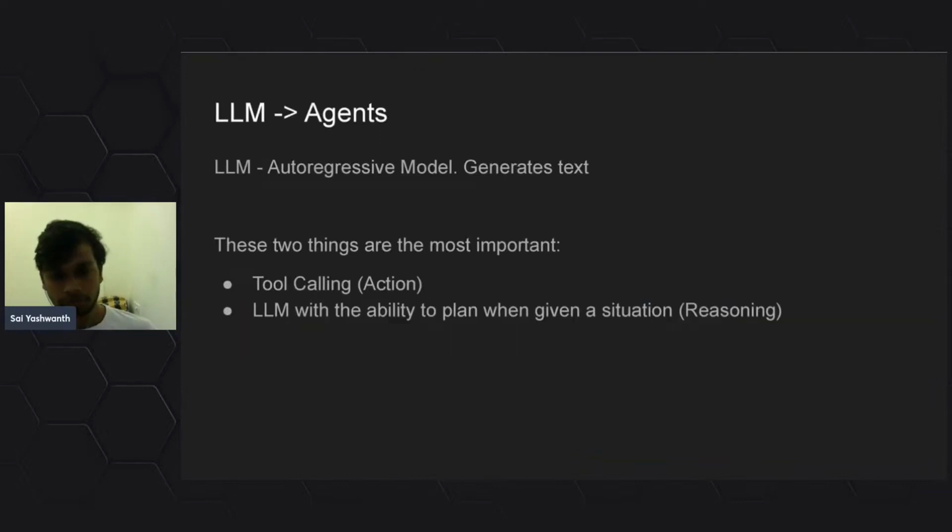So now that you know what an agent is and how important they are, and what the future could be with them in 2025, let's see how we can convert an LLM into an agent. LLMs are basically a transformer-based ML model which takes text as an input and gives text as an output.